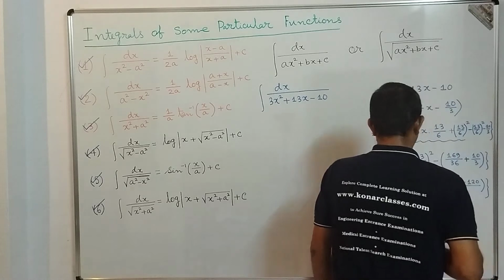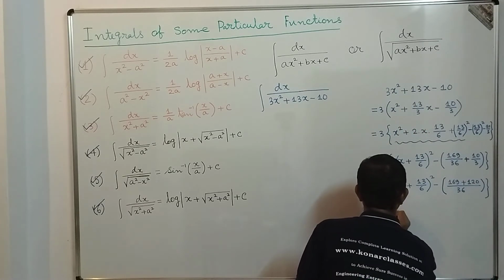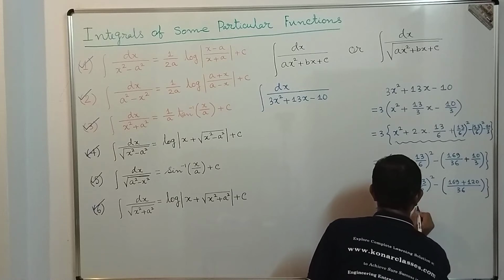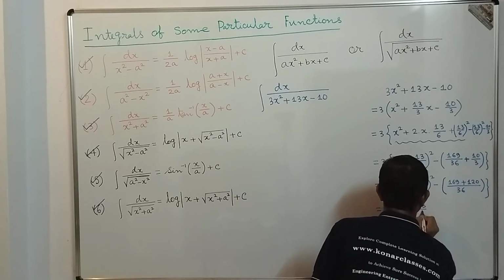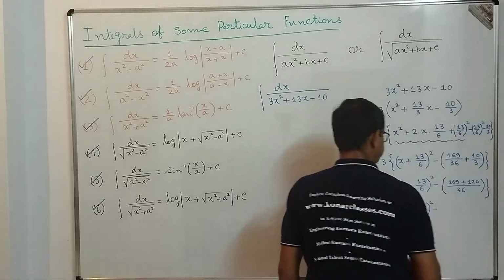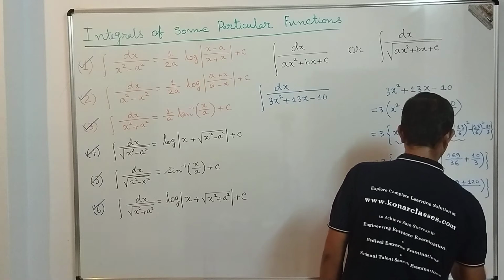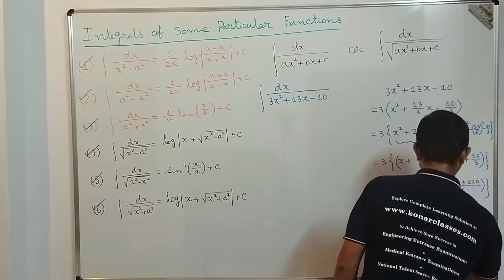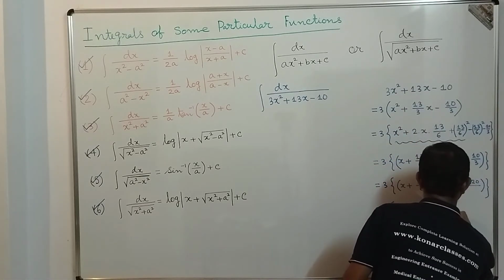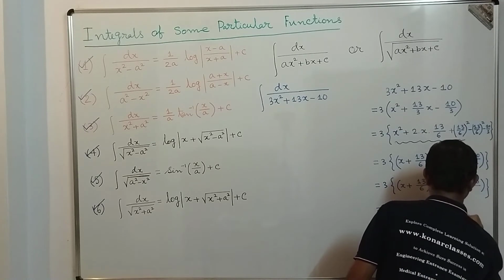So what we get here, dear students, is 3 into (x plus 13 by 6) whole square minus 289 by 36, 289 divided by 36.